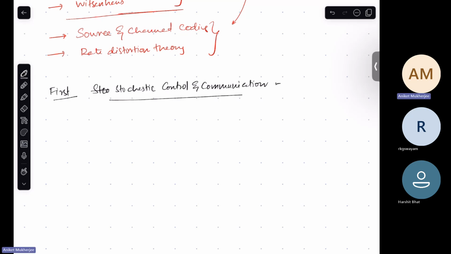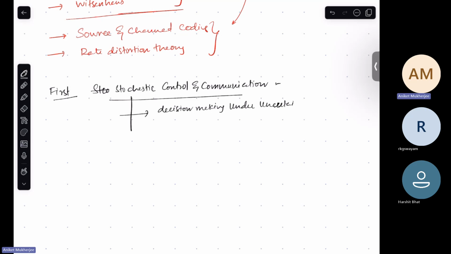Basically, stochastic control, in one line, is decision making under uncertainty. This would be the major part of the course.